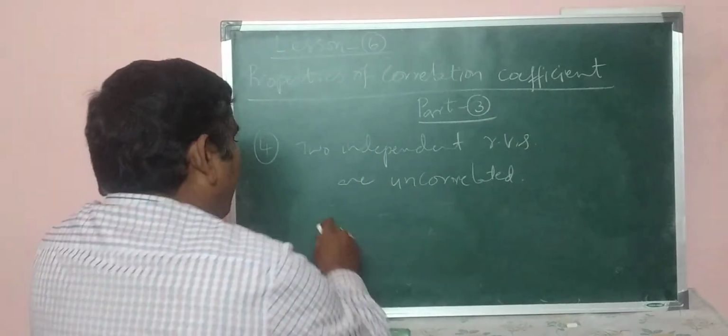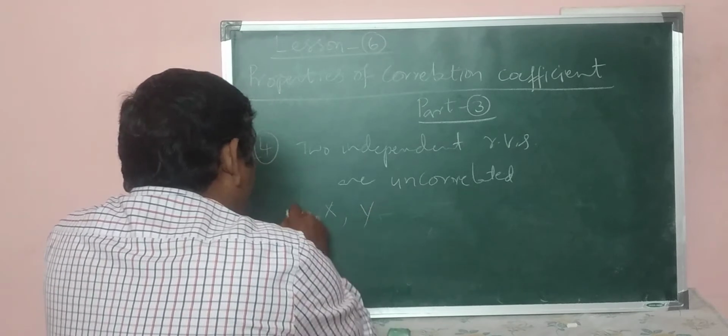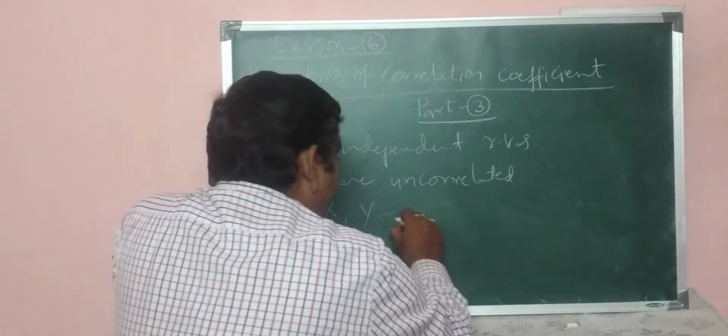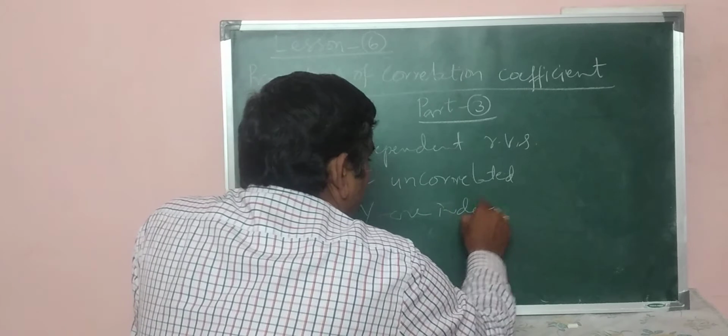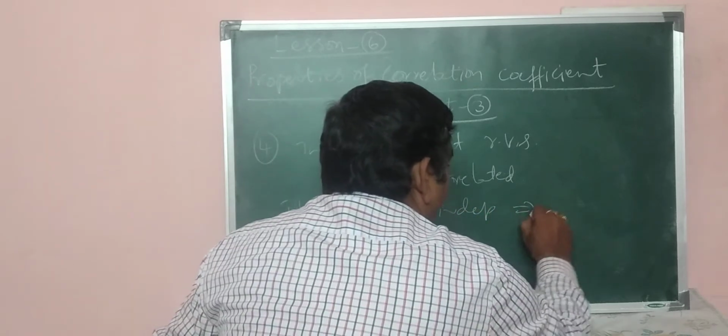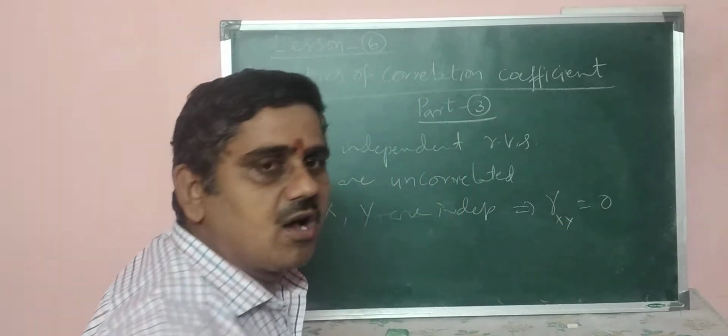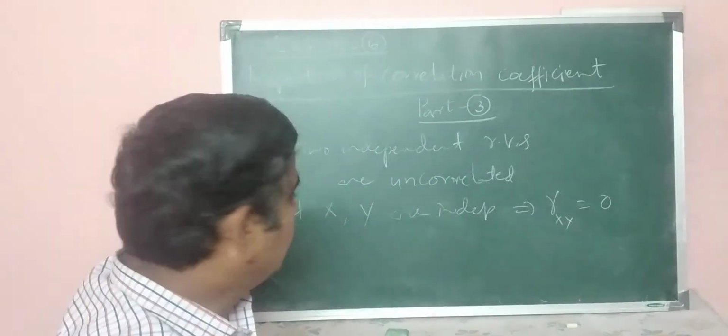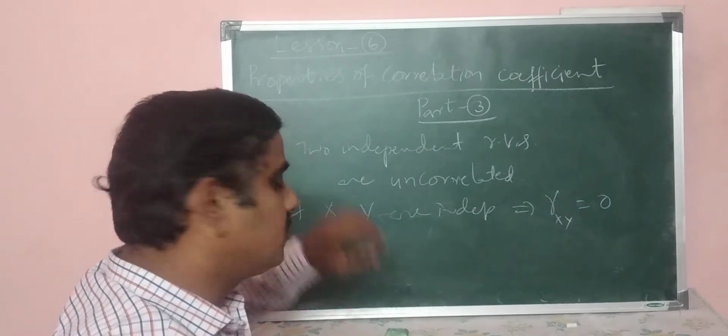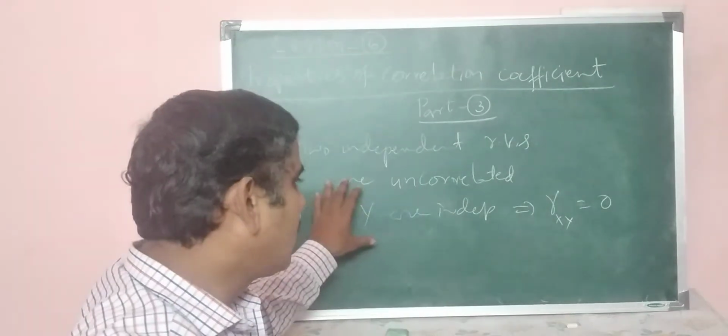Which means if x and y are independent, then R between x and y is 0, R of xy is 0. This is what we have to prove.